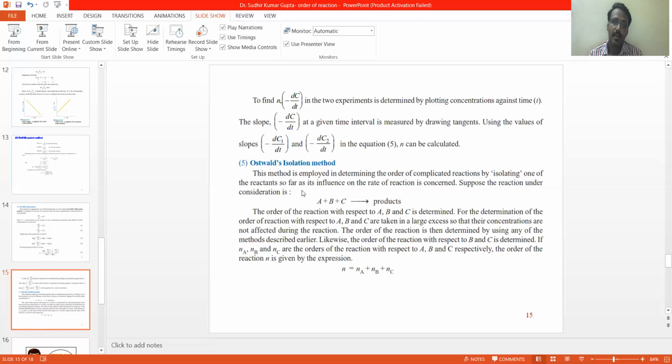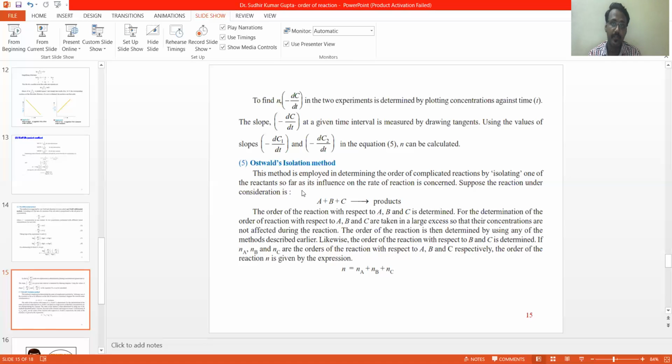If there are three reactants A, B and C, then we will take the concentration of B very large, and the concentration of C very large. Then what will happen? As the reaction proceeds, practically there will be very little change in the concentration of B and C, because they have very high concentration, so the relative change in their concentration will be very small, and the change in the concentration of A will be significant.